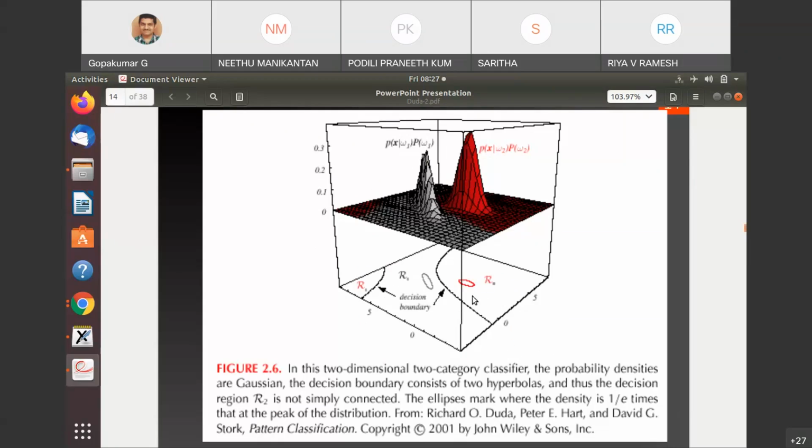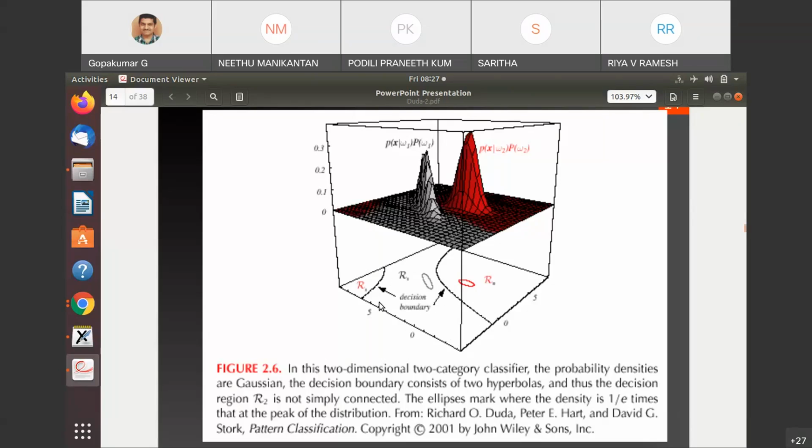And this also we have seen. For example, in this case R1 is the middle region, and R2 is separated. You can see that in the top figure also, because there is a red region here and there is a red region here also.